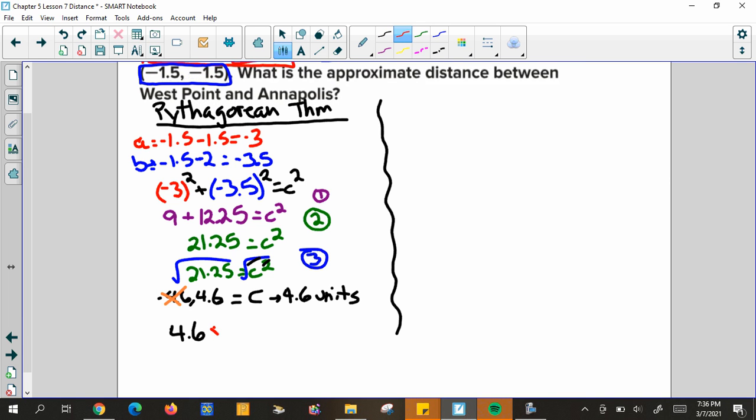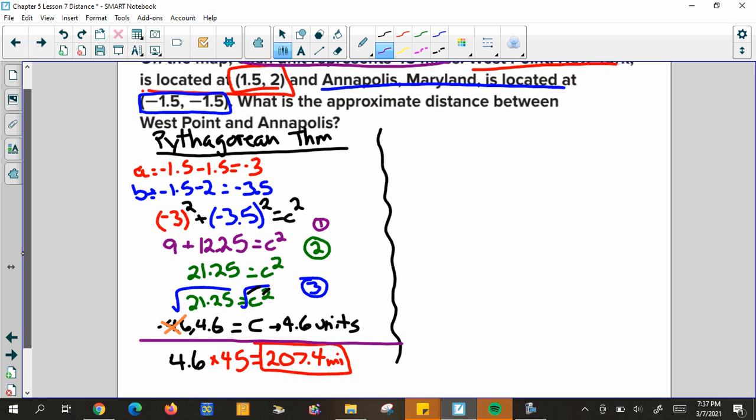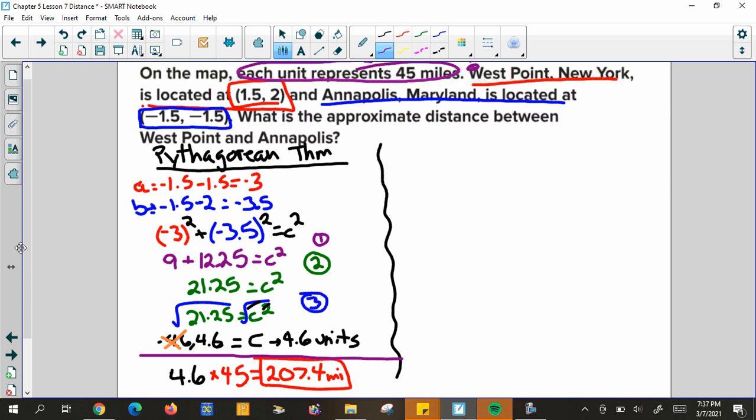Remembering that piece, I need to multiply this by 45 to find my approximate miles. So this was something we had to do in 2 parts. We cannot forget, we got our answer, but our answer was in units. And they wanted the answer in miles. And that's what that first chunk was about.